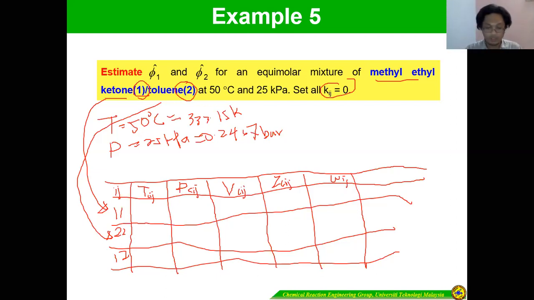That's the tables, and then when you determine all the critical values.